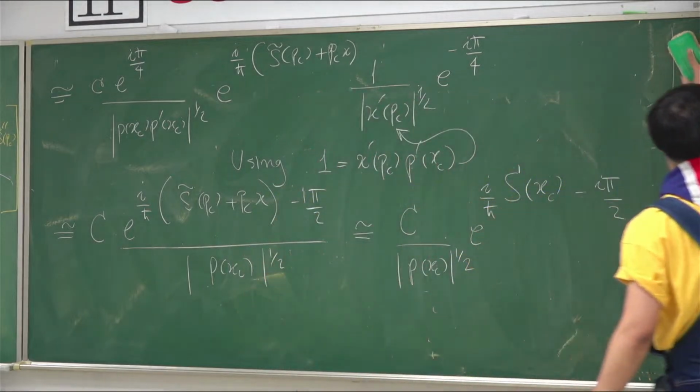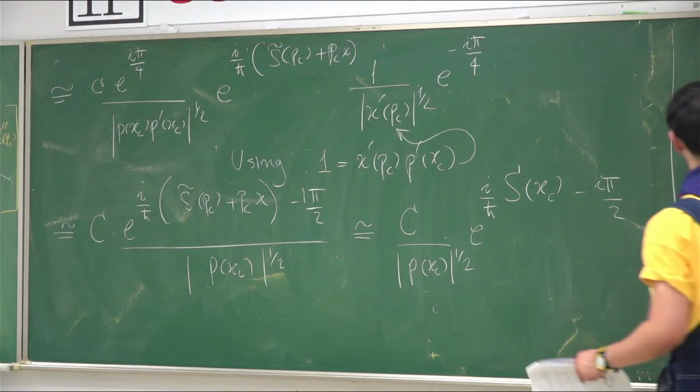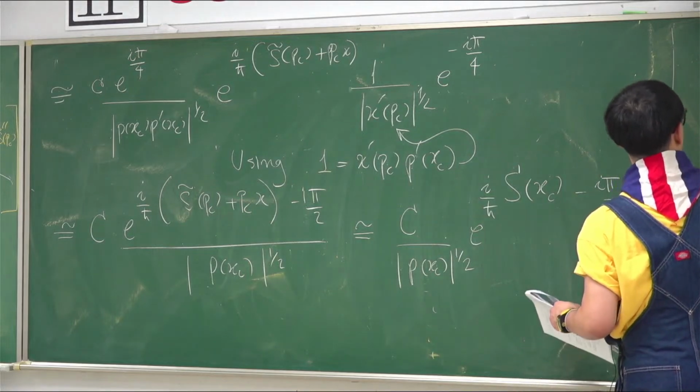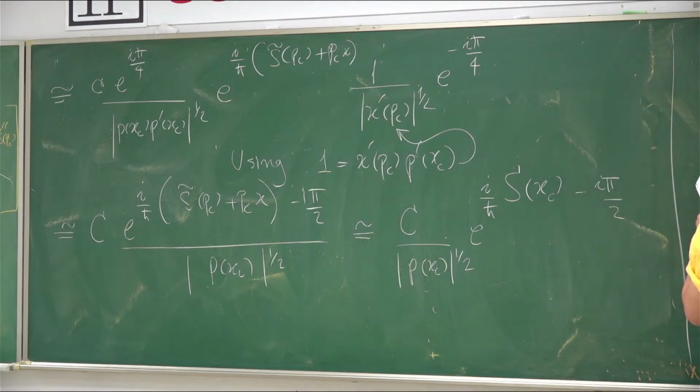So then it means that out can be taken as pi over 2.